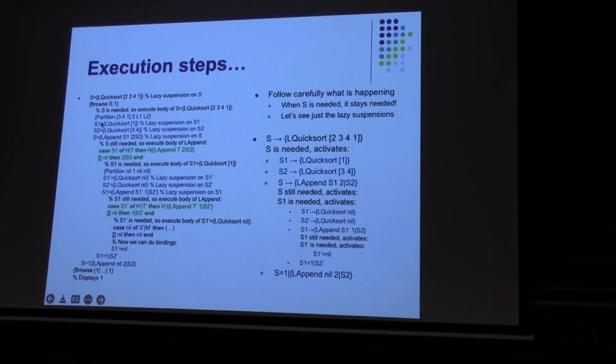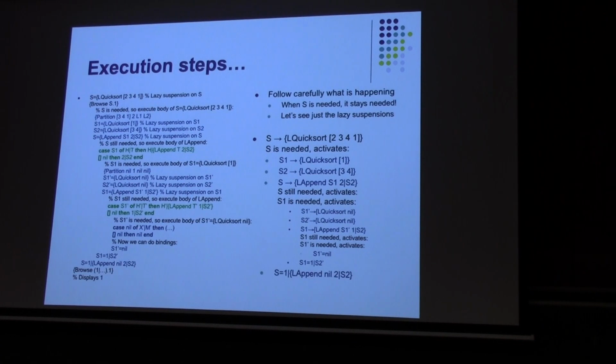Now S1 has a suspension here. So that is active. So this blue code is this call up here that is activated. Okay, and it runs, and at the end I get S1 equal this thing. But I still don't know the value of S1. S1 is still needed. Once a variable is needed, it stays needed forever.